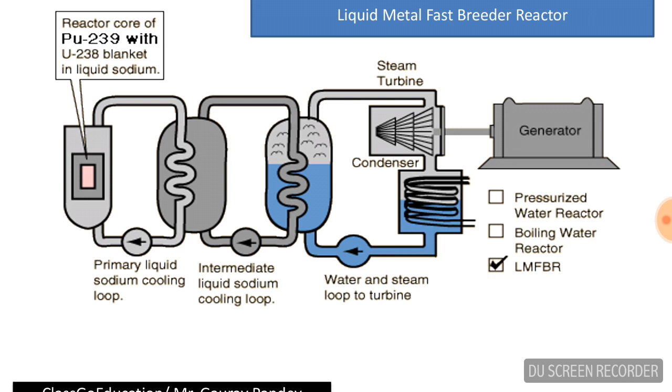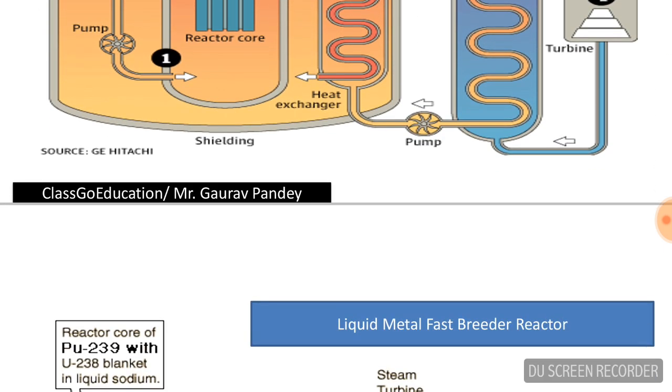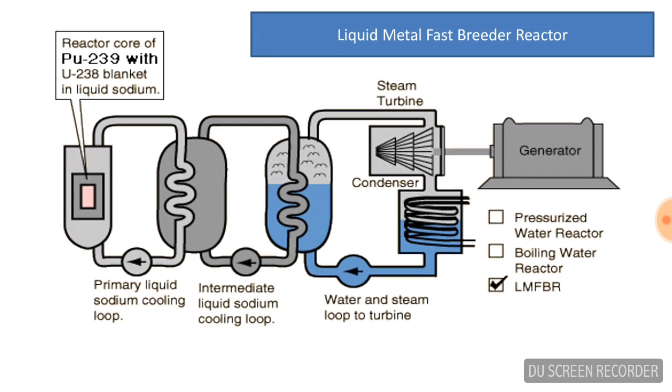As I showed in the previous slide, liquid sodium is pumped inside this reactor core. Then there are two intermediate liquid sodium cooling loops. One contains a normal sodium amount, and the second contains more sodium, and then there is an intermediate heat exchanger which produces steam for the steam turbine.